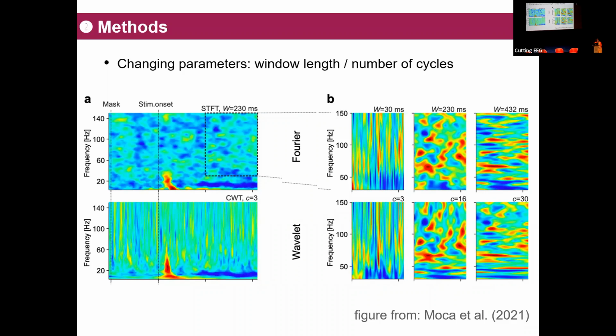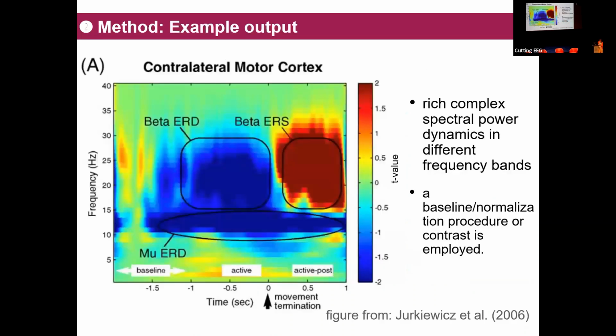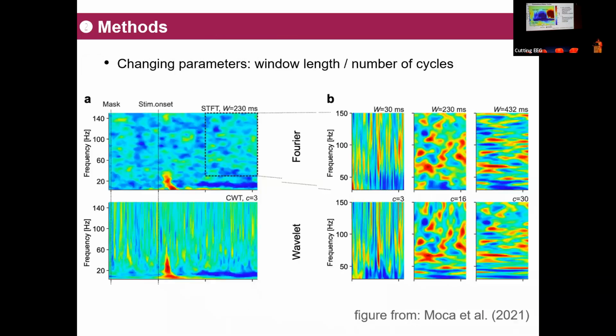If you care about higher frequency ranges, maybe the temporal resolution is not as important as if you care about lower frequency ranges, because the higher frequency bands all kind of behave in a similar way across frequencies, which may not be the case for these lower frequencies. Okay, so it depends on the physiological phenomena you are interested in.